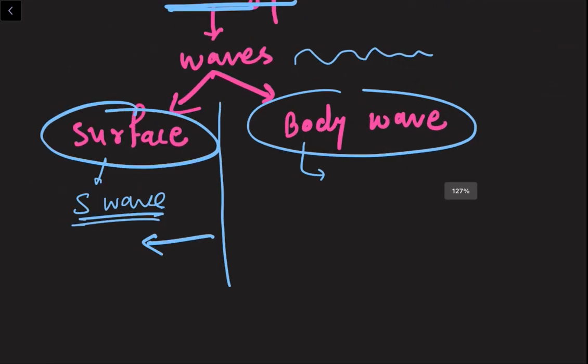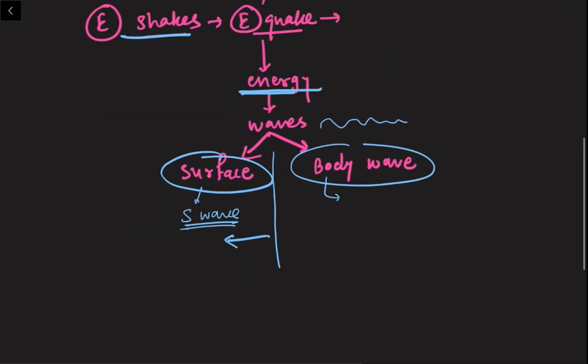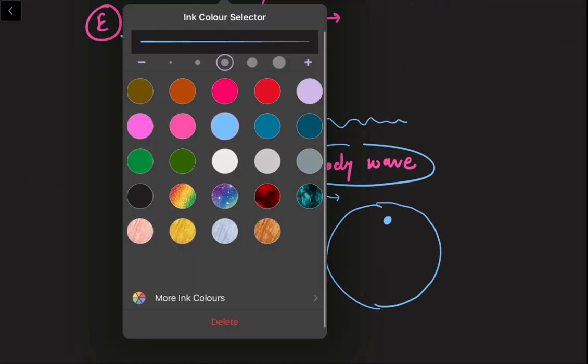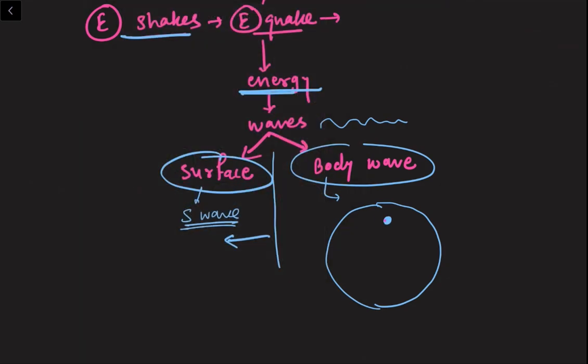So what is a body wave? Body wave is nothing but what is inside of the earth, that is earth's body. Whenever there is an earthquake inside of the earth's crust, the wave starts moving from this point. Suppose at this point there is a fracture, like a rock structure and suddenly there is a fracture.